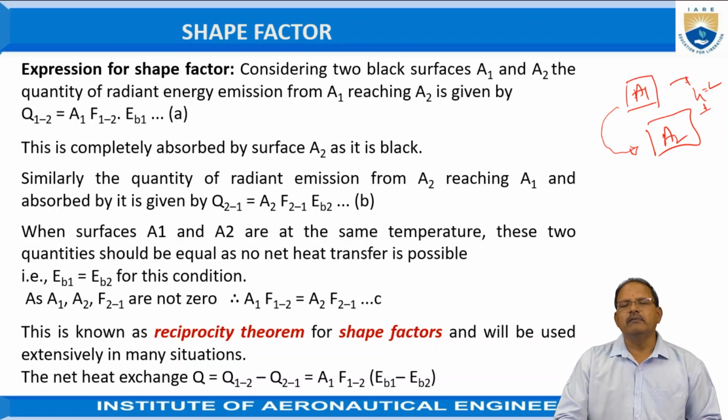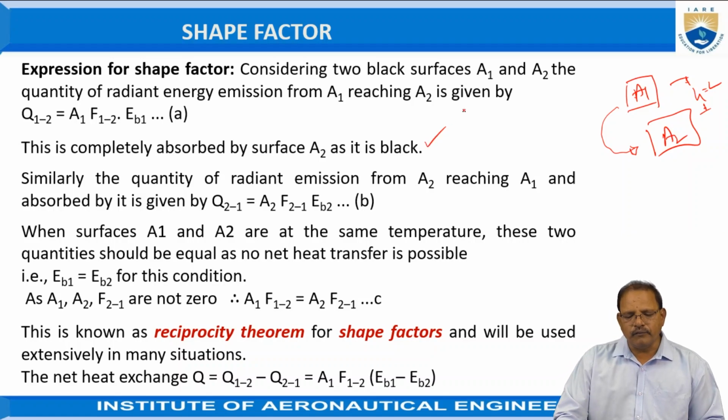That EB1 is the total amount of energy emitted, F12 represents the shape factor of 1 with respect to 2, and A1 is the area of the object from which the energy is emitted. This is completely absorbed by the surface A2, if A2 is a black body.